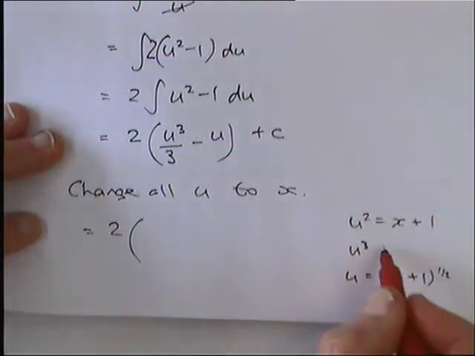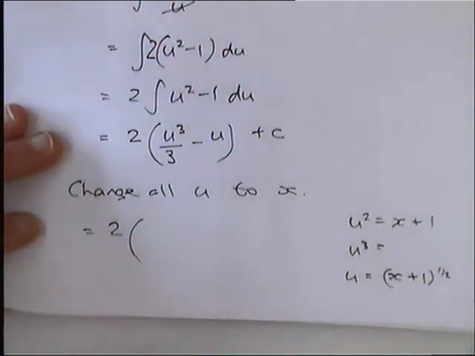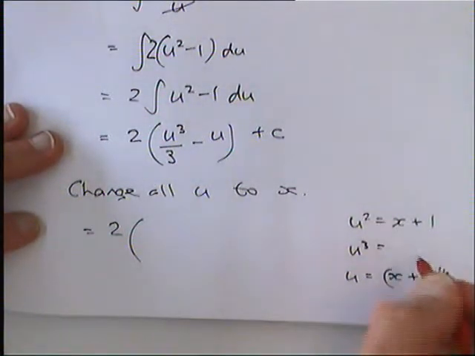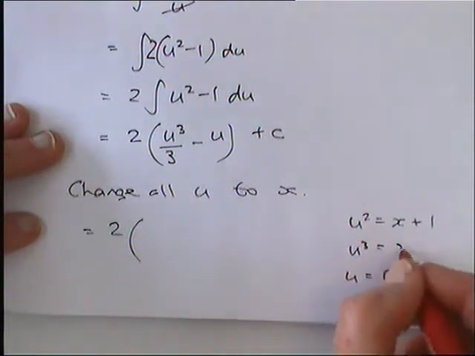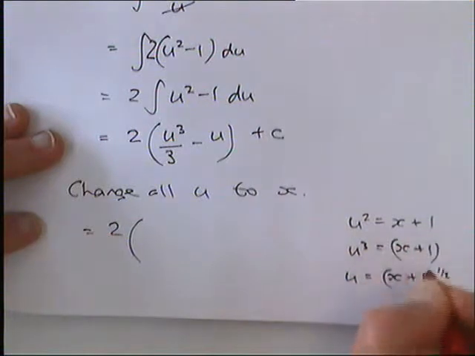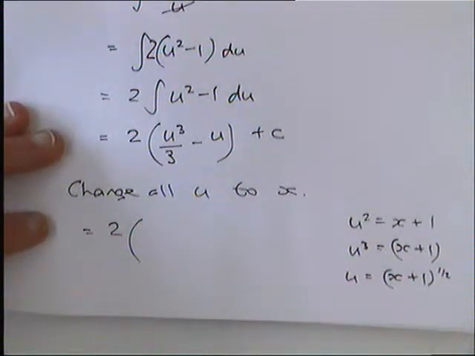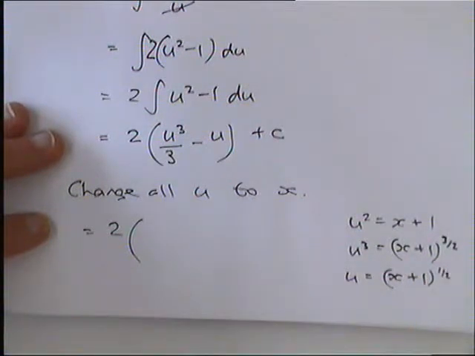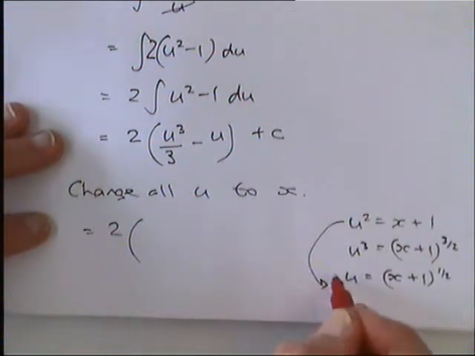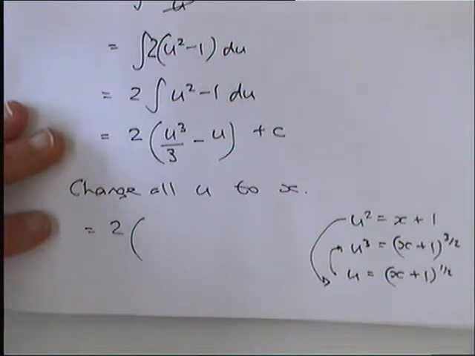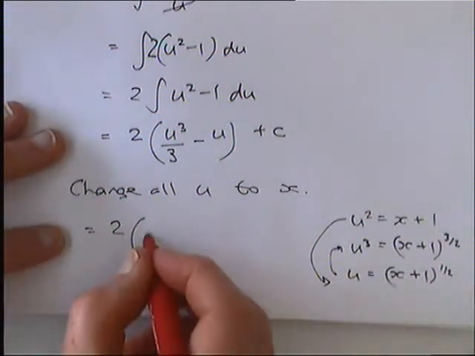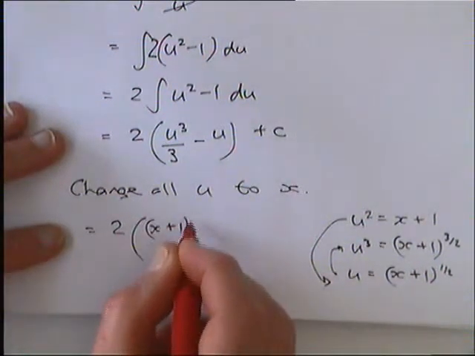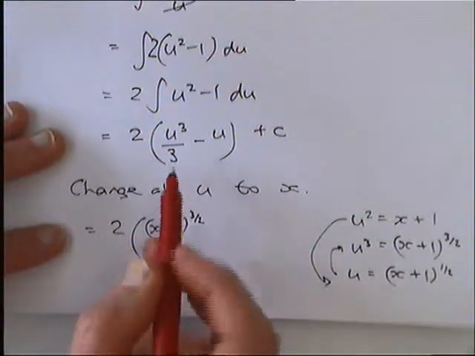So what will u cubed be? It'll be that line cubed. Say it again? X plus 1 multiplied by x plus 1 to the half. That's true, but can you just write it as a bracket with a single power on it? Yes, so 3 over 2. That's right. So u cubed is x plus 1 to the 3 over 2.